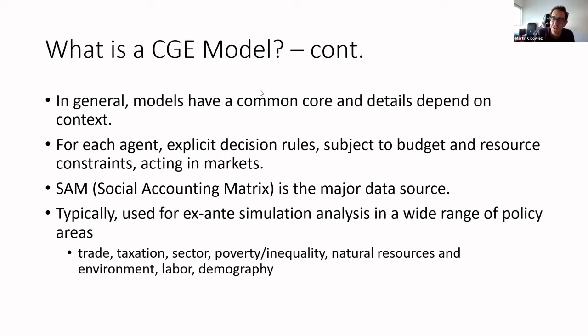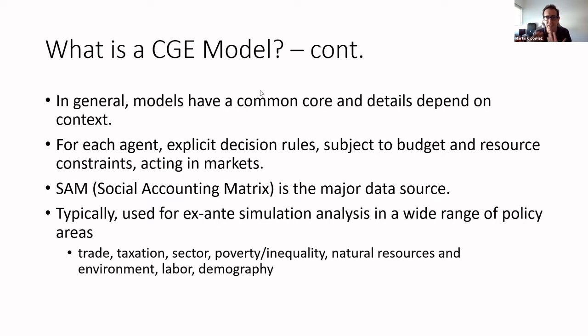It's not necessary that all markets are always in equilibrium, but if we use this type of model, we are assuming that prices have an important role to play when producers and consumers are taking decisions. Okay, so there is a role for the price system to play in these models.